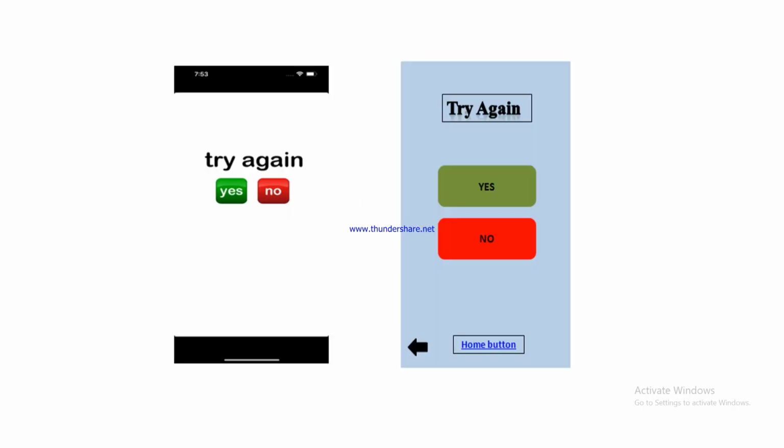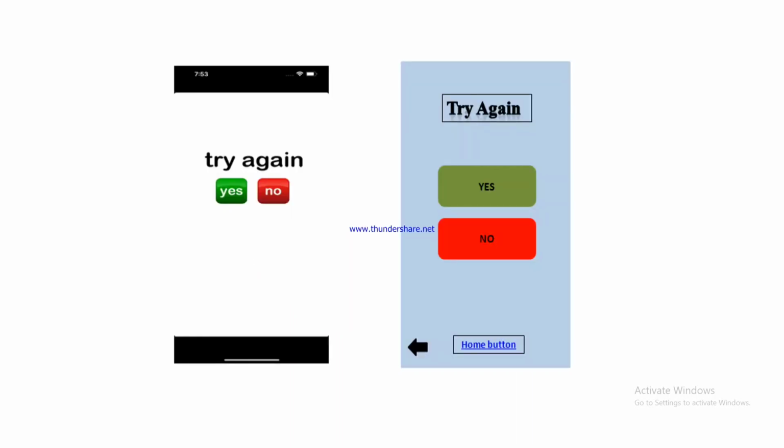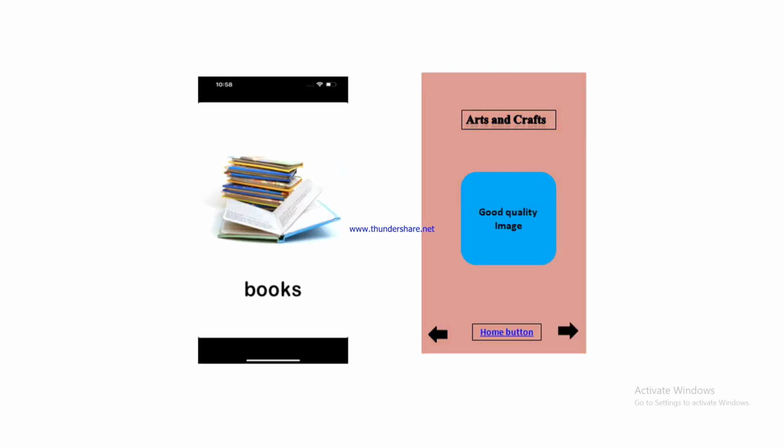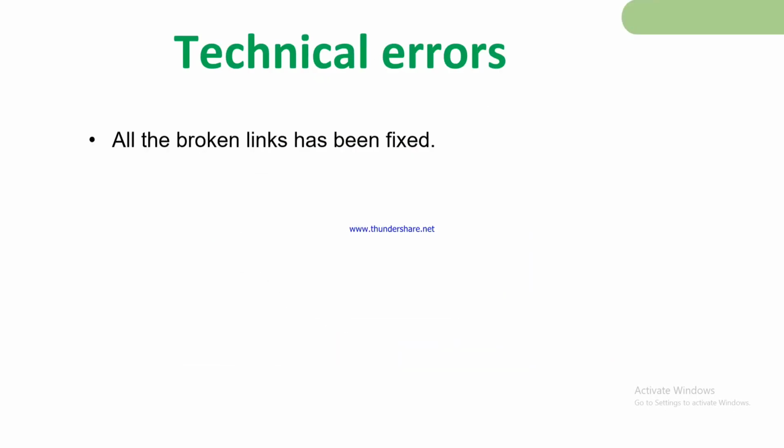And for the options which did not have any change, I linked those options to a no change slide. All the broken links and technical errors have also been fixed.